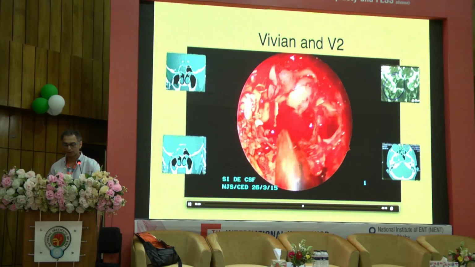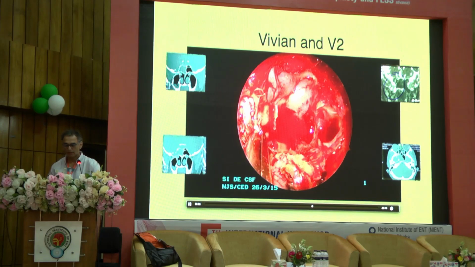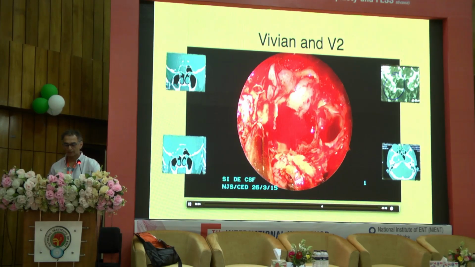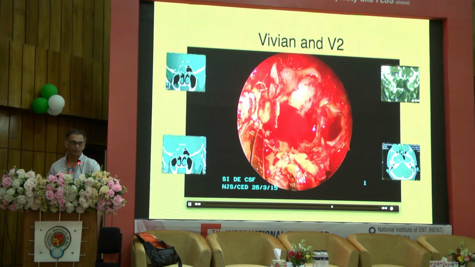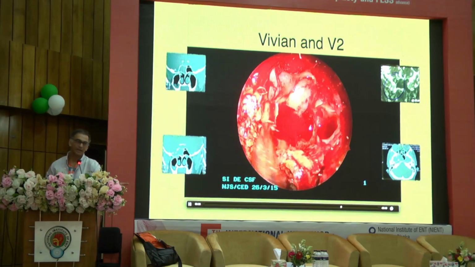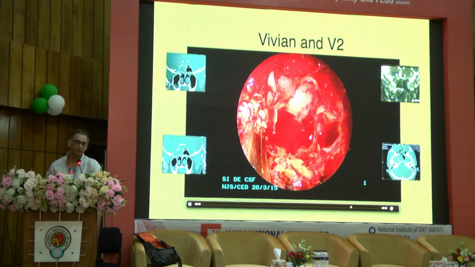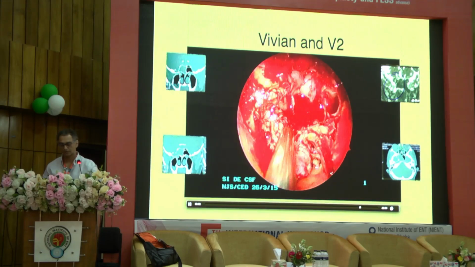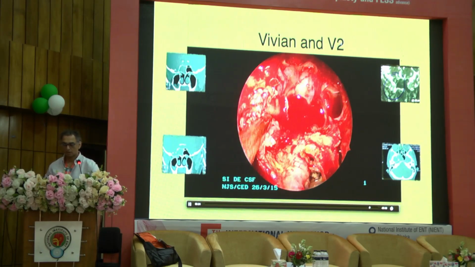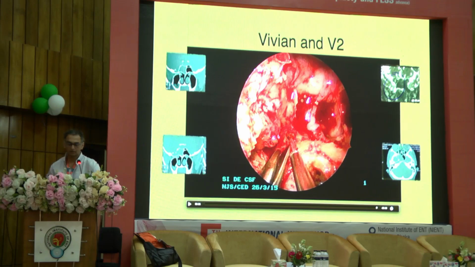And when I open up the bone and expose the bone, that is my limit for V2. If I go higher than this, I'm damaging the V2 and the infraorbital, and I will have anesthesia of the face. Okay, so that's Vidian. In this situation, I will cut it because I have no option to get to this encephalocele. I have no option. But that dryness of the eye stays for 2-3 months, and then it recovers.